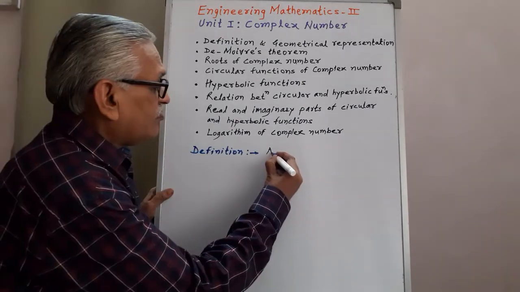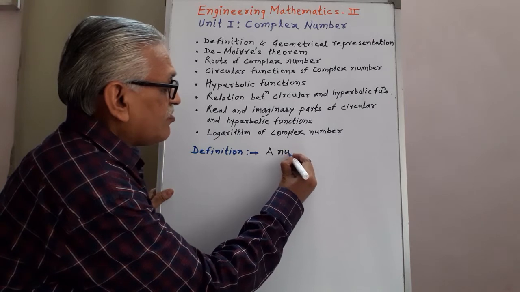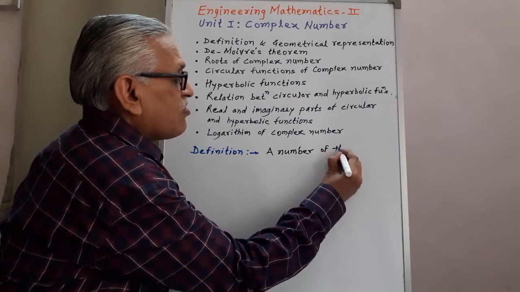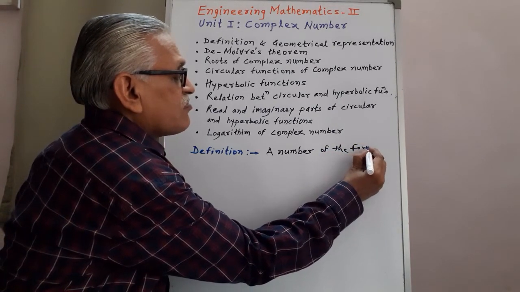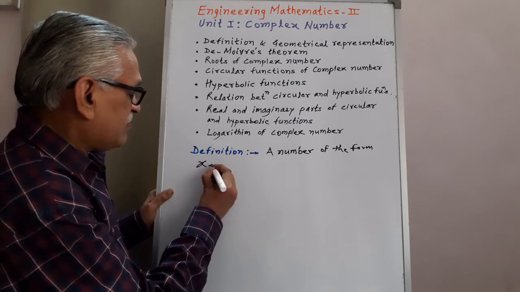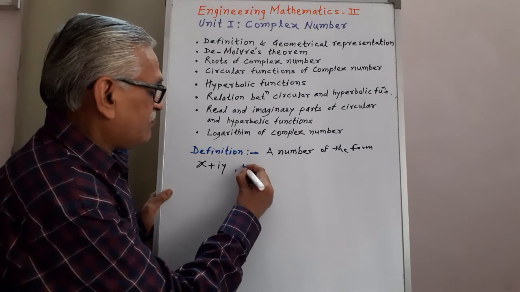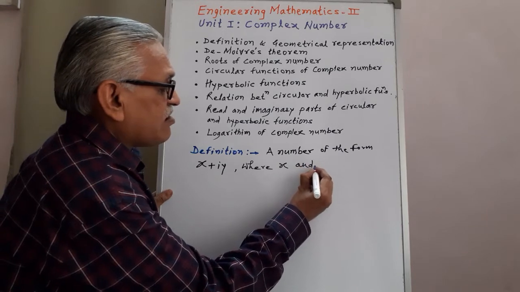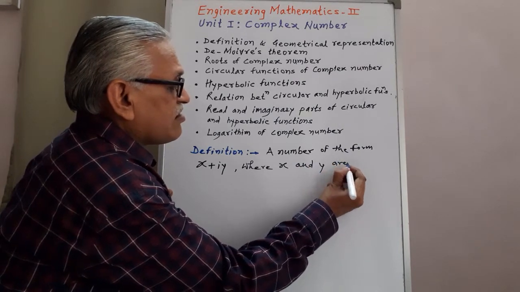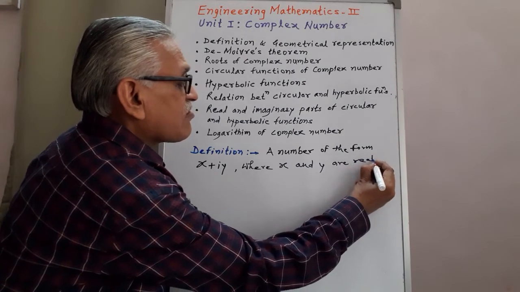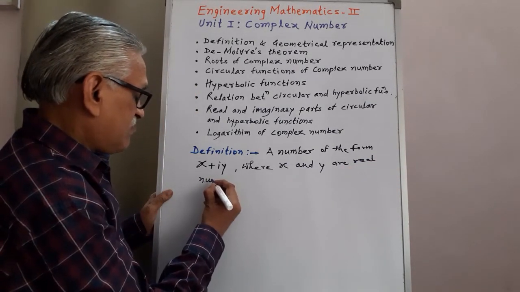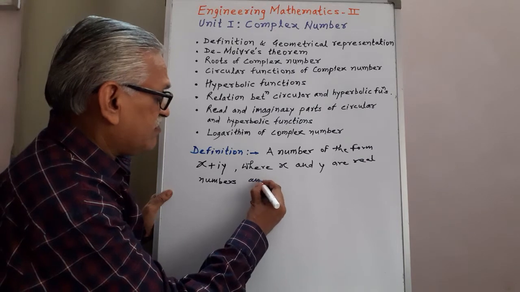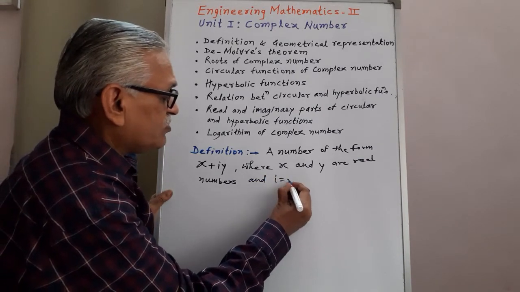Therefore, we try to define a complex number as a number of the form x plus iy, where x and y are real numbers and i is equal to root of minus 1.